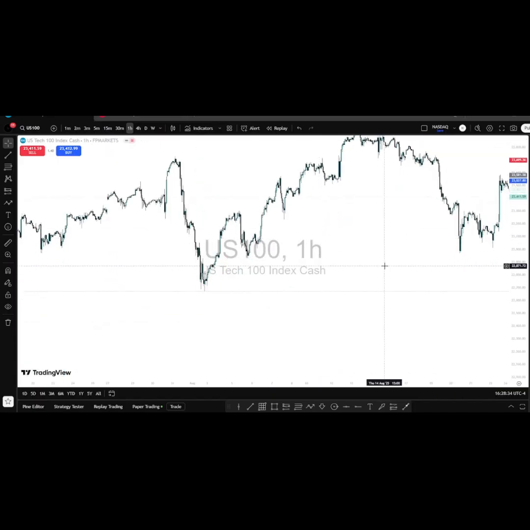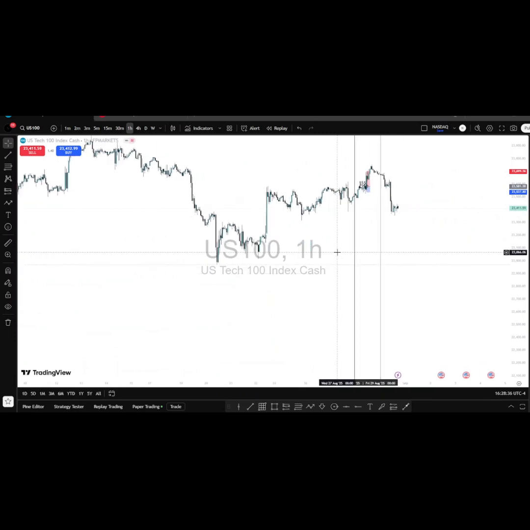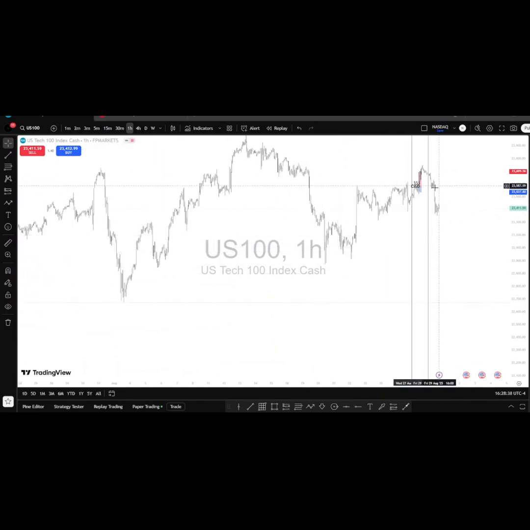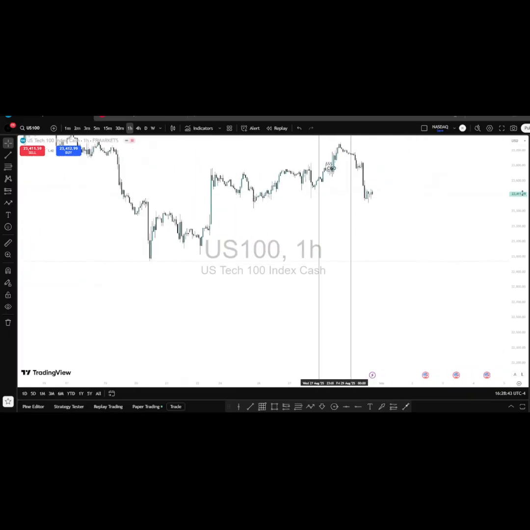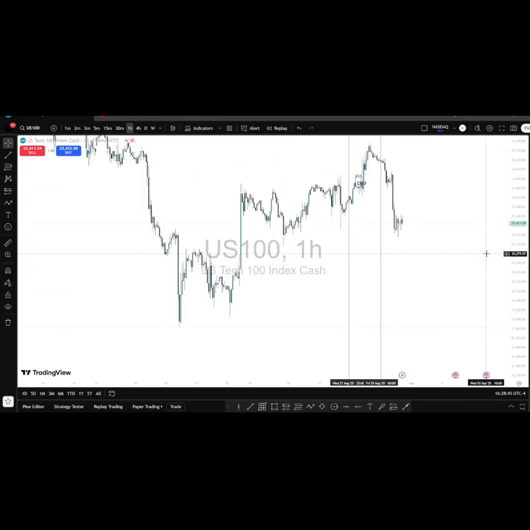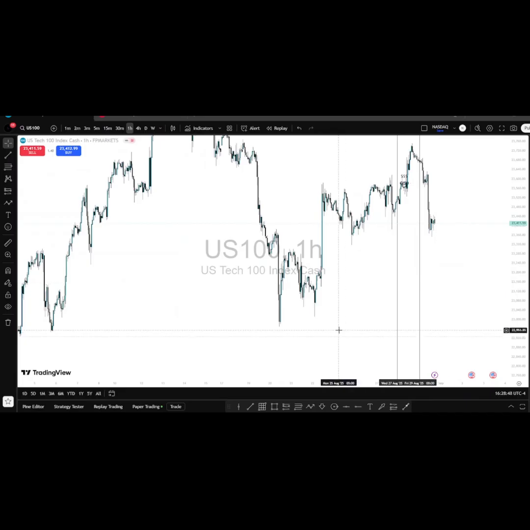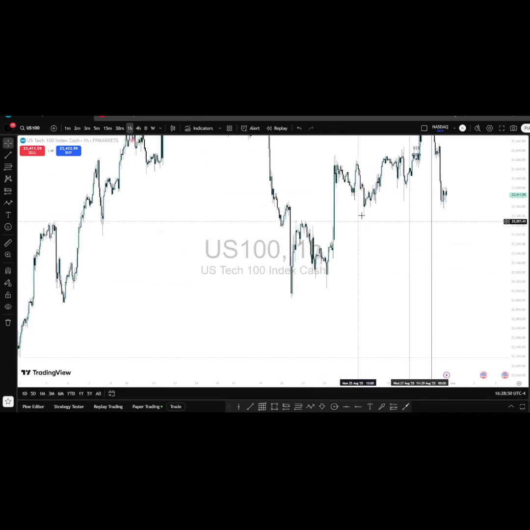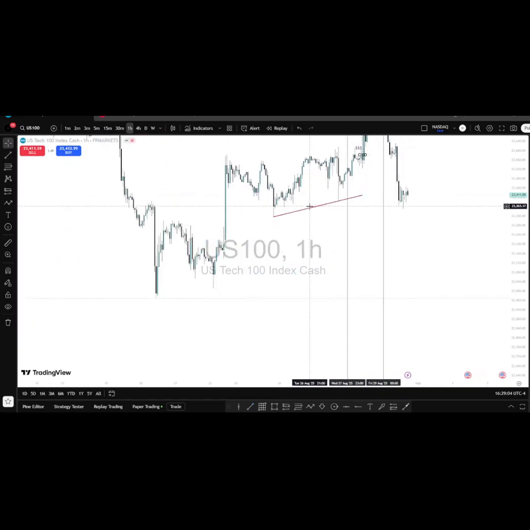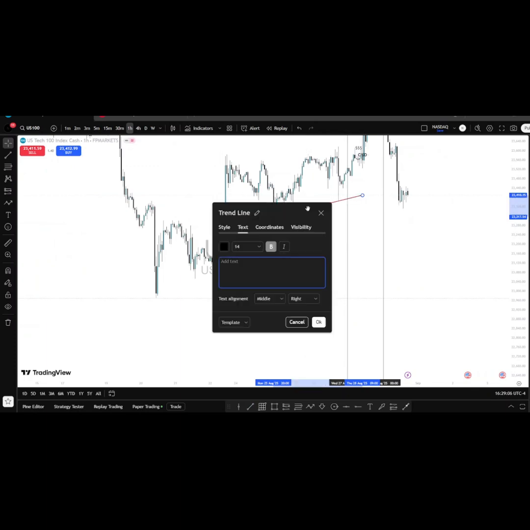So there is some form of... so on this particular day, I was actually targeting this liquidity, this trend line liquidity lying right here. So you had this liquidity. This is what I call a trend line sell.